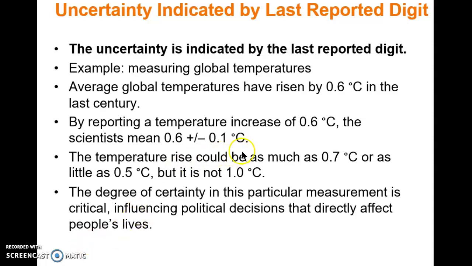So in this particular situation, it says average global temperatures have risen by 0.6 degrees Celsius in the last century. So basically what that means is this last digit was estimated here, so it could have risen 0.7 or it could have risen 0.5. So we just know that we're plus or minus 0.1 on that measurement.